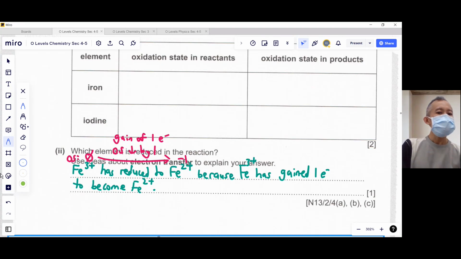Okay, yep, double check. Iron 3 plus has reduced to iron 2 plus because it has gained one electron.